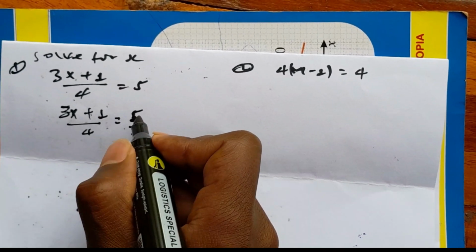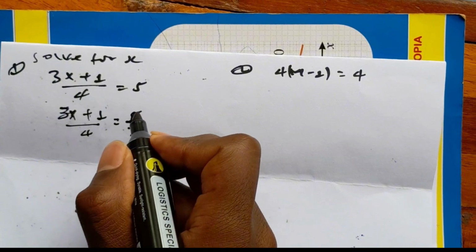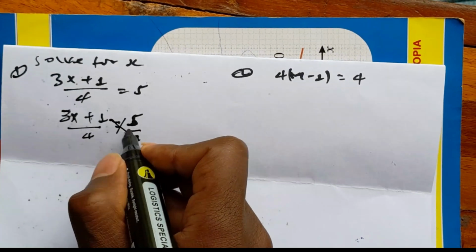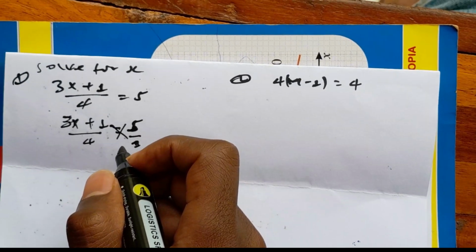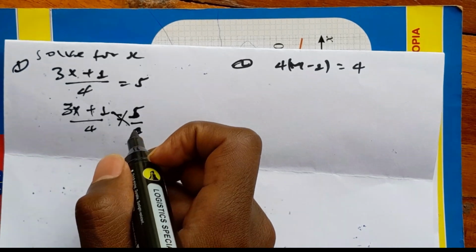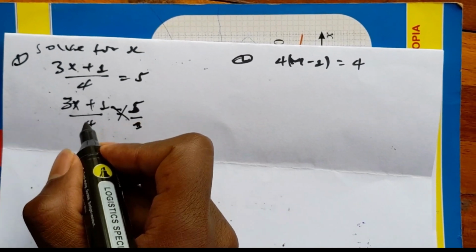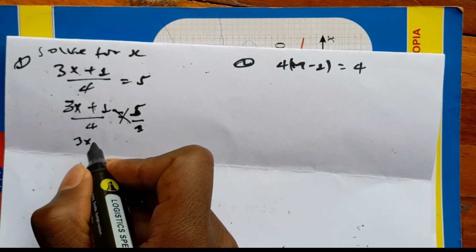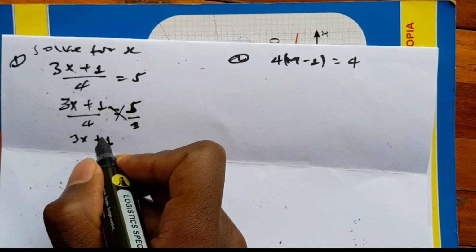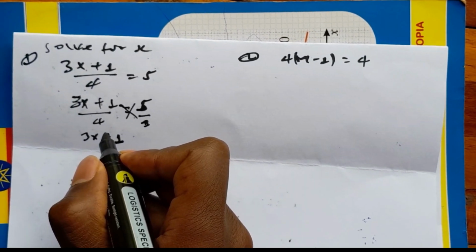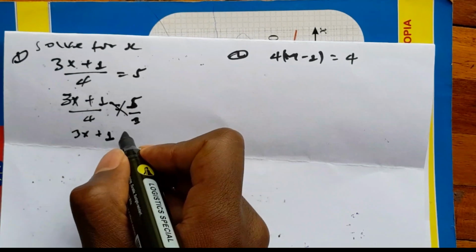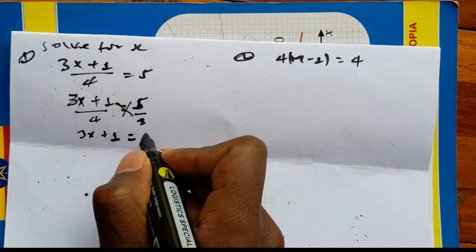After that, we do cross multiplication. 1 times 3x plus 1 is 3x plus 1. 5 times 4 means 20.